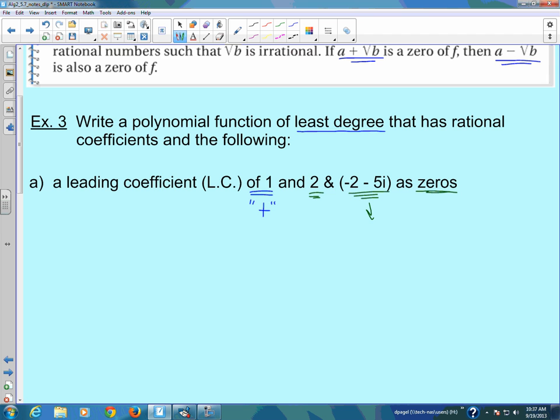So immediately when we know we have an imaginary zero, go ahead and write the evil twin, because that's also going to be one of my zeros. Negative 2 plus 5i. All right, we're going to end up with, in this case I see 3 zeros. One of them is real, 2 of them imaginary. So I'm talking about a degree of 3.